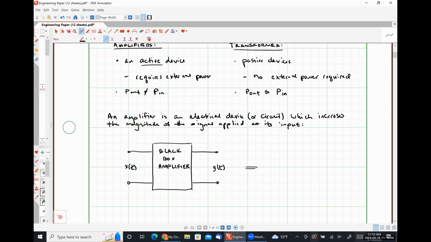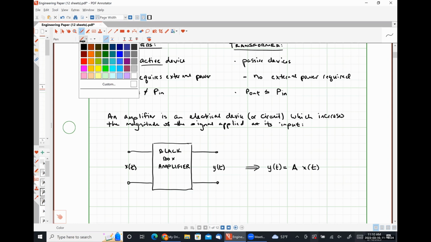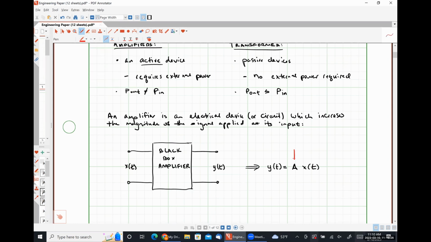And generally speaking, Y of t will be A, our gain, or a scaling factor, multiplied by X of t, our input signal. I'm just going to put a note here. This A represents the gain.